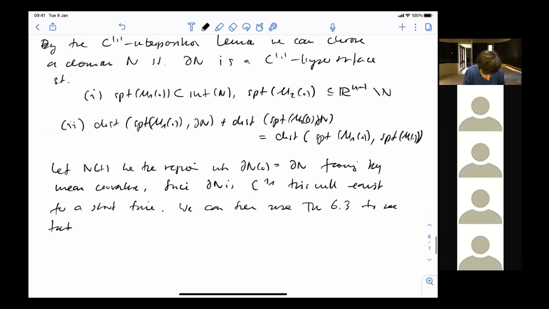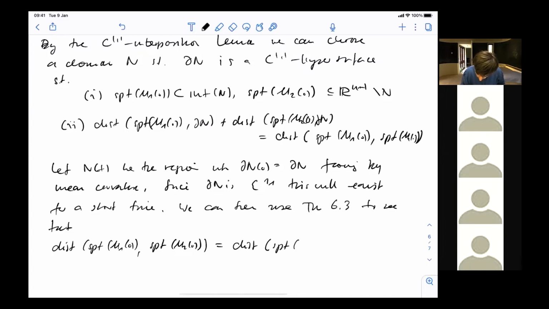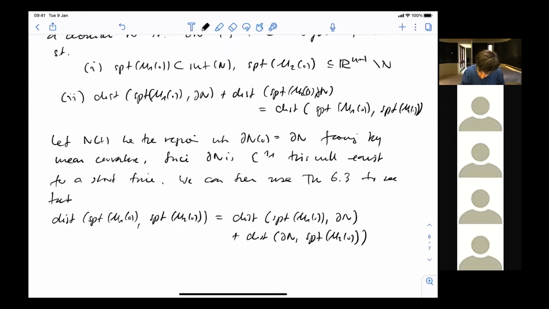Okay, so what do we get? Yeah? We have that the distance at time 0 of the support of M1 at 0 to the support of M2 at 0, now this is the same as the distance of the support of M1 at 0 to ∂N plus the distance of ∂N to the support of M2 at 0. And okay, but now we let this evolve. Huh? So here the distances are increasing.